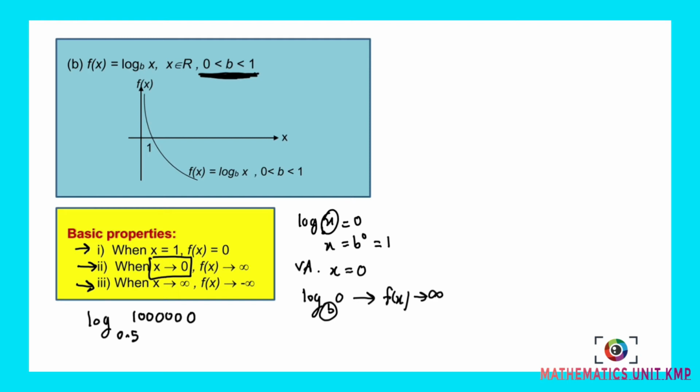Jadi kita boleh sketch graph. First step, when x equals to 1 here, point, yeah. And then the second step is the vertical asymptote, x equal to 0. Okay, and then when x approaching to 0, f(x) ke kiri, ya, naik ke atas. Okay, and then when x approaching to infinity, dia ke bawah macam ini. Okay, do you understand, everyone?